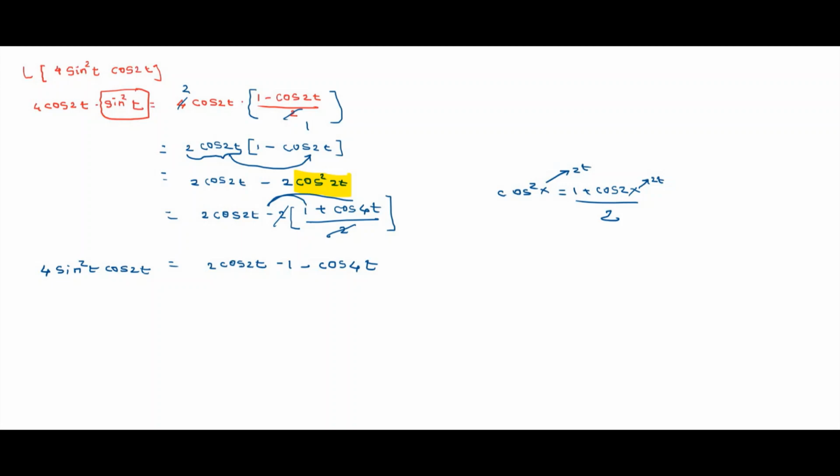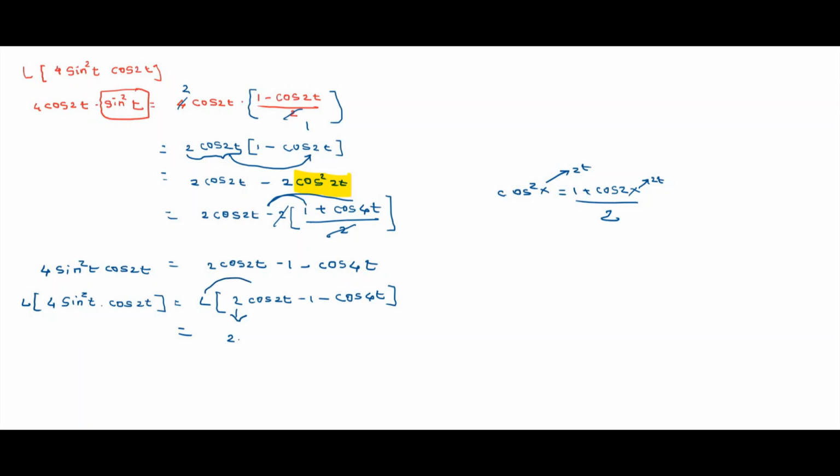Now you can apply the Laplace transform on both sides. The Laplace transform of 4 sine square t into cos 2t is equal to the Laplace transform of 2 cos 2t minus (1 minus cos 4t). First I will write this 2 as it is.